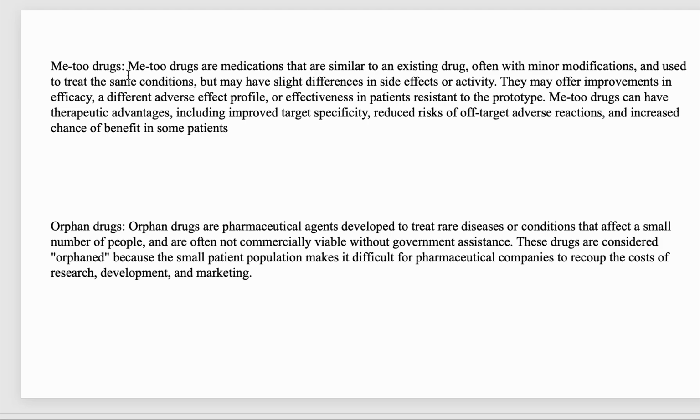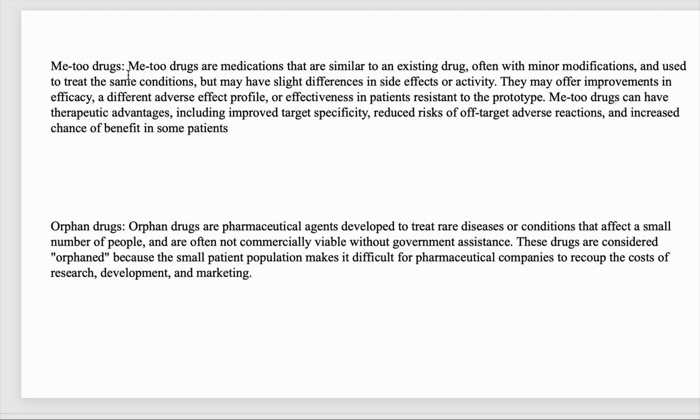So there's already one medicine that exists in the market. They modify the existing drug, and the modification is very little, so it's almost the same drug, with the same mode of action and activity, but they might have a better effect, fewer side effects, or improved activity.